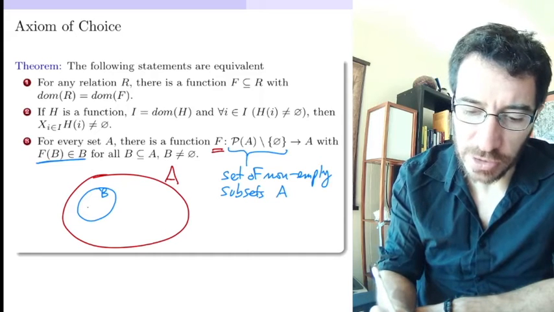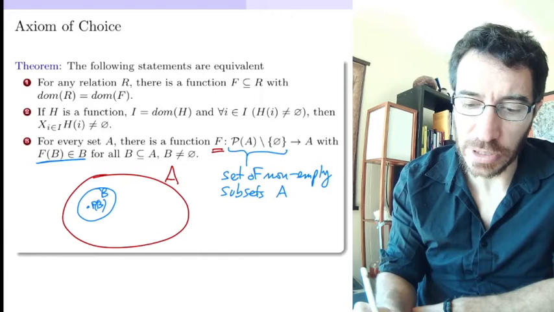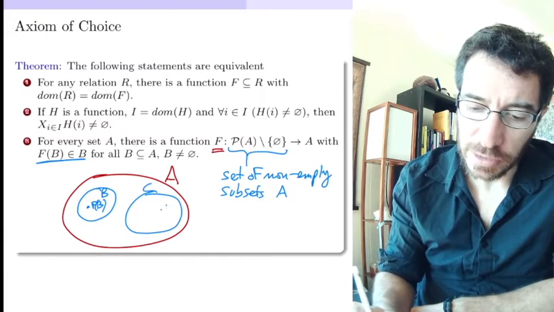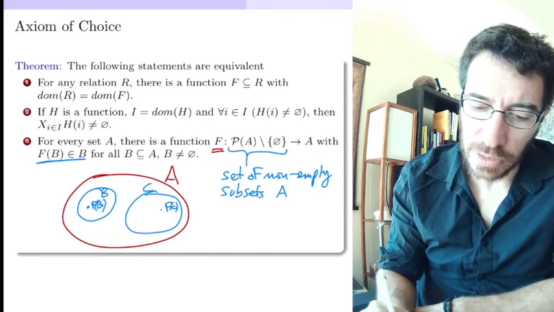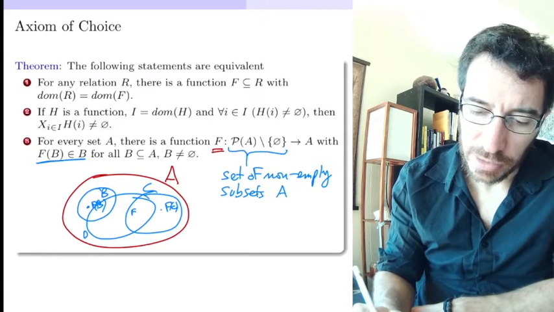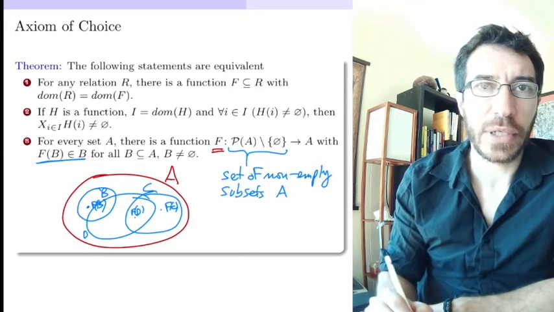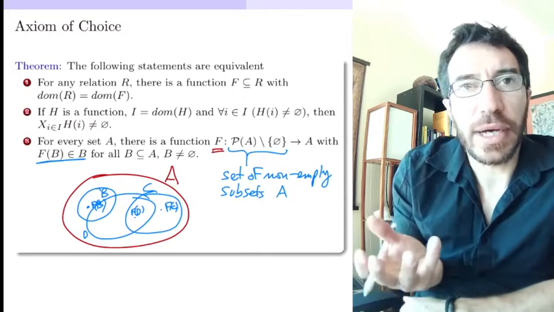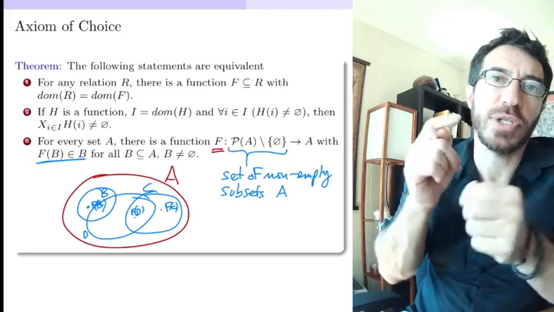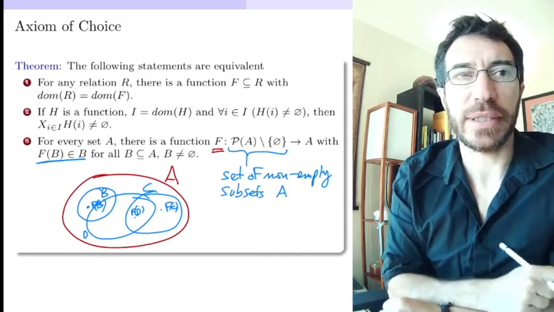So it's going to be inside here. Whenever you choose another set, C here, it is going to be f of C. And whenever you choose another set D, f of D might be anywhere inside, somewhere there. Of course, you need to take non-empty sets because you cannot choose an element of the empty set. But for all the other ones, you can pick an element inside.